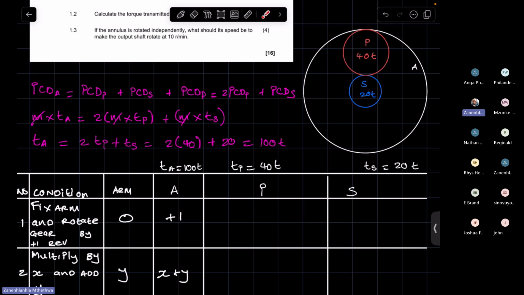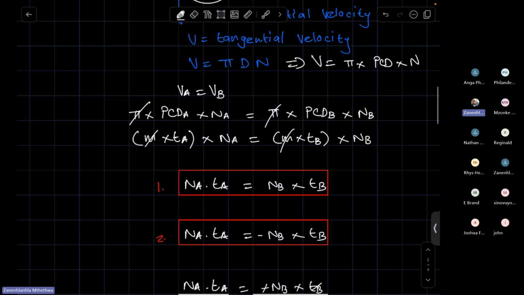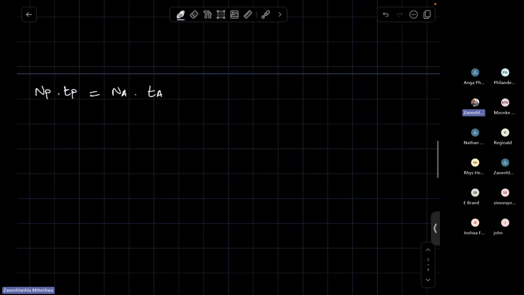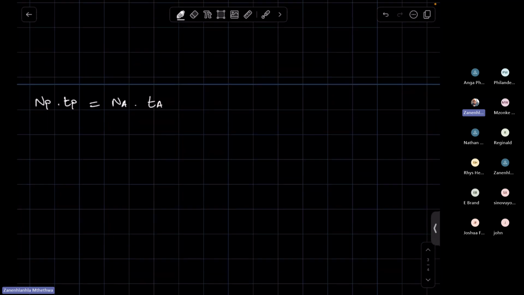So the annulus is rotating clockwise. So if the annulus is rotating clockwise, what does that tell us for the planetary gear? Going clockwise as well. We know the annulus is going clockwise, so this remains positive. The planetary gear is also going clockwise, so you leave it also as positive.